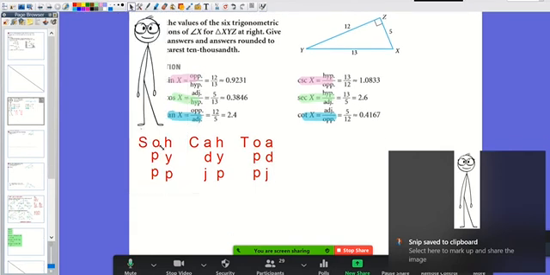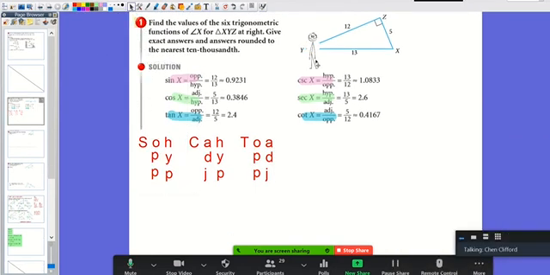Okay, now let's say you got this stick figure right here. Let's say we have this stick figure chilling here at angle Y.